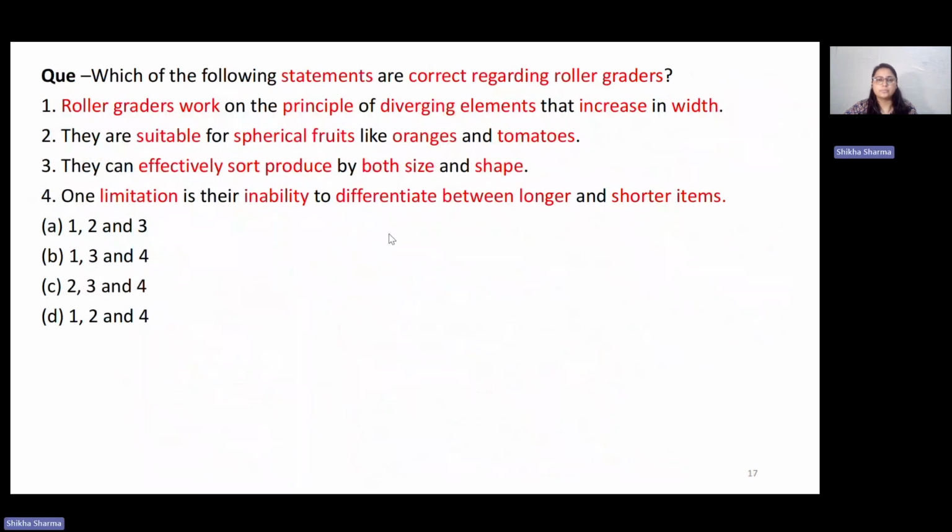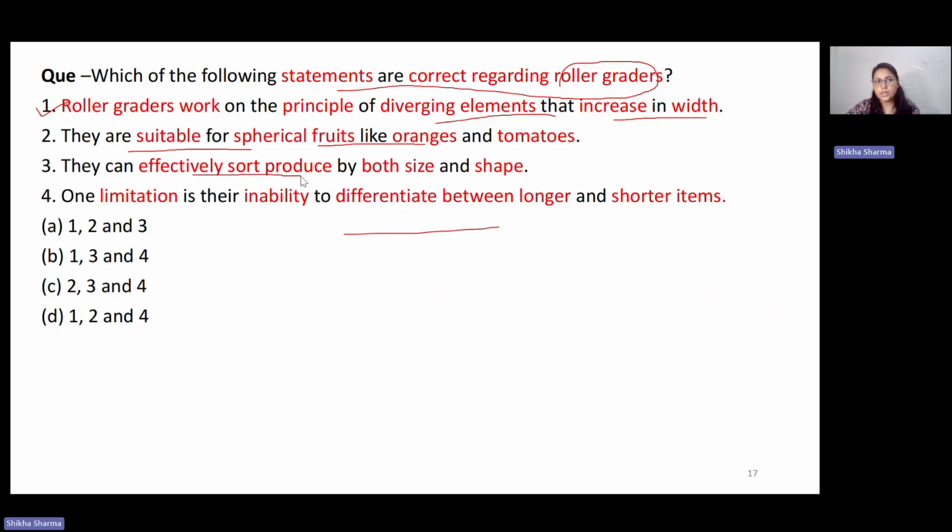Okay, let's discuss the next question: which of the following statements are correct regarding roller graders? Four statements are given. First, roller graders work on the principle of diverging elements that increase in width. Second, they are suitable for spherical fruits like oranges and tomatoes.